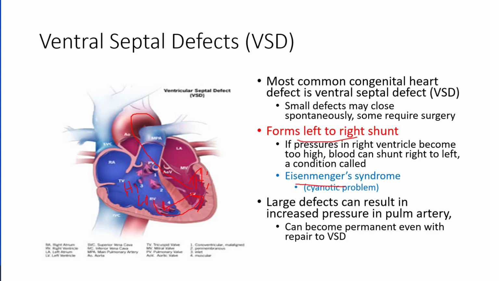This is Eisenmenger syndrome, where this normally left to right shunt becomes a right to left shunt. So we typically view VSDs as an acyanotic defect, but in Eisenmenger syndrome, it can become a cyanotic, a blue defect, if the pressures in here eventually get so high they start shunting back the other direction.